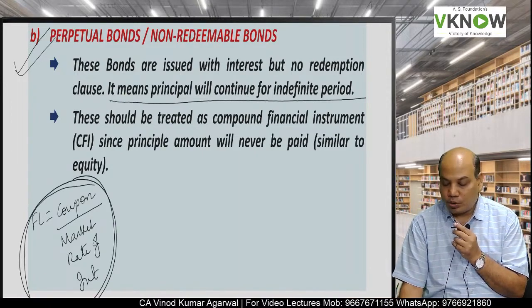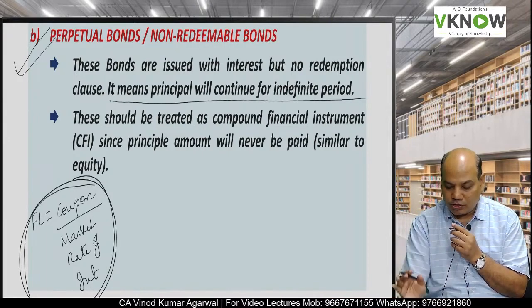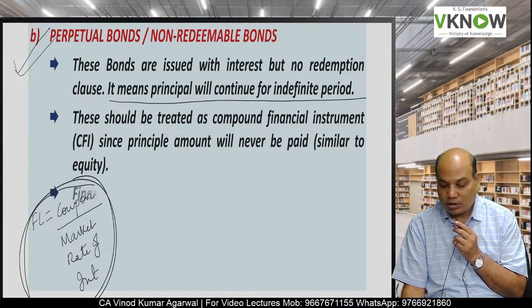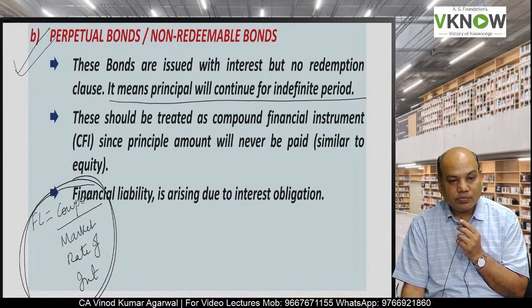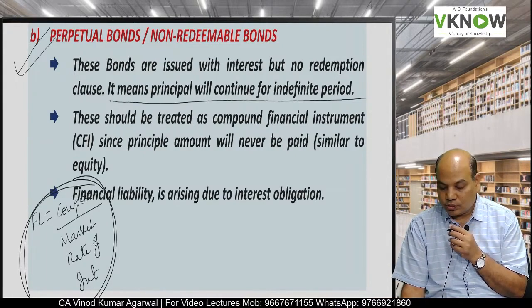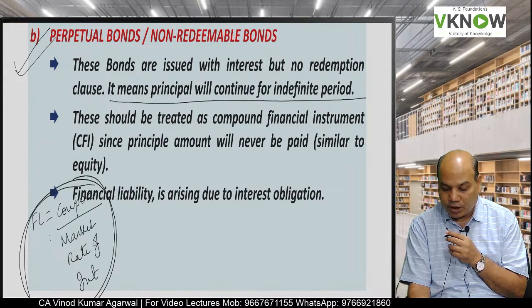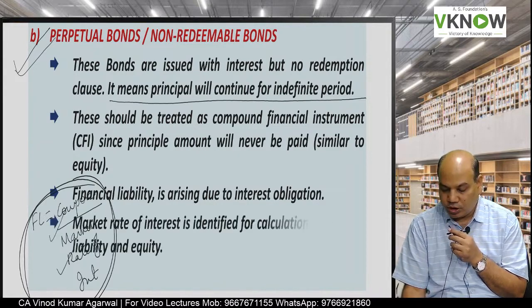So perpetual bond can be just a financial liability, or it can be a hybrid instrument which may contain equity also. Financial liability is the present value of the future interest payments.